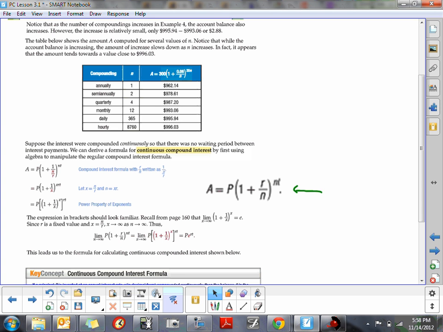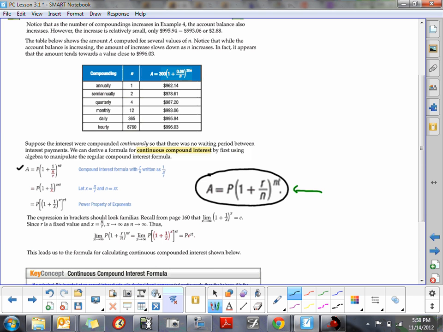So we start off with this idea that the amount we're going to have after a certain number of periods with a given principal is equal to, and this is where our substitutions start to occur. So here's our first one. They say the compound interest formula with, we're putting in r over n, so that is this thing here written as 1 over n divided by r. Now this all works out.